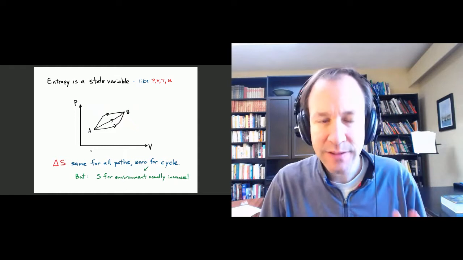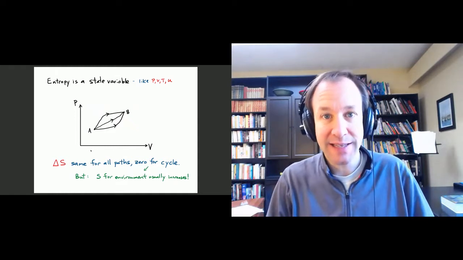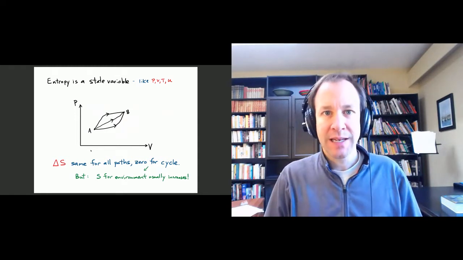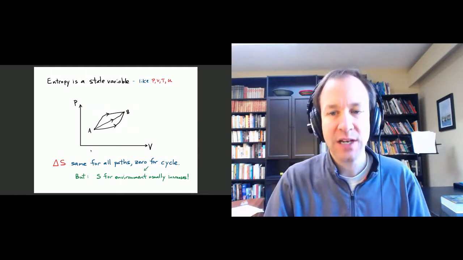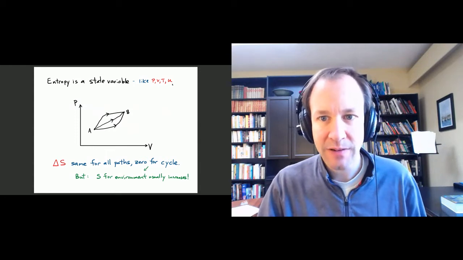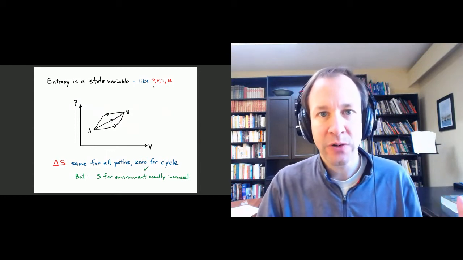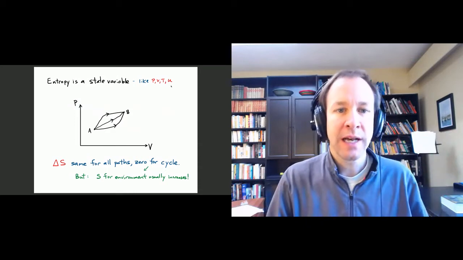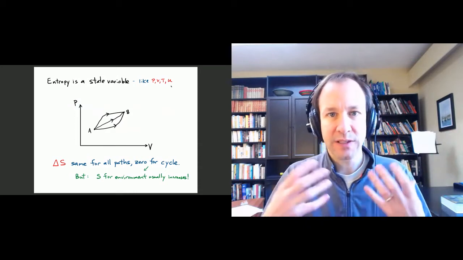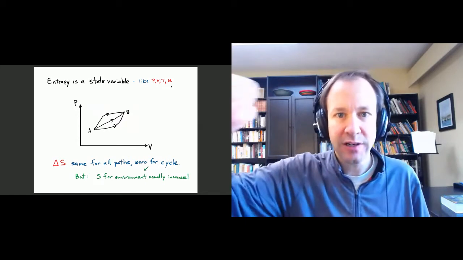Okay. The other thing we understood last class about entropy is that it is a state variable. As I mentioned, it's just a count of the number of these microscopic configurations corresponding to a set of macroscopic variables. So like these other macroscopic variables, P, V, T, and U, the entropy is something that we could just calculate based on the current configuration.